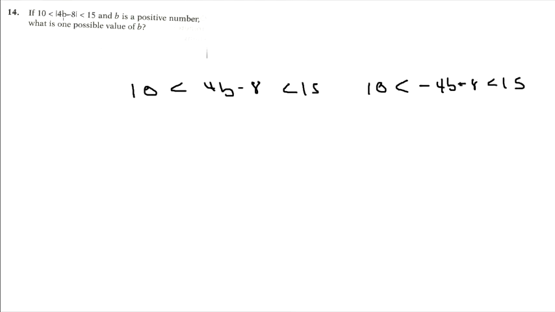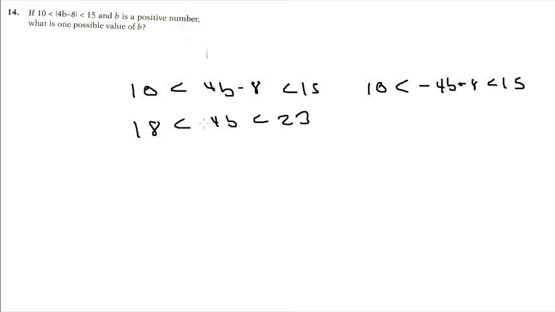Because we're just taking the plus value and the minus value, and in this case here I distributed the minus across there. Alright, so if we do that, we will then be able to add the 8's over here to get 18 less than 4b less than 23.